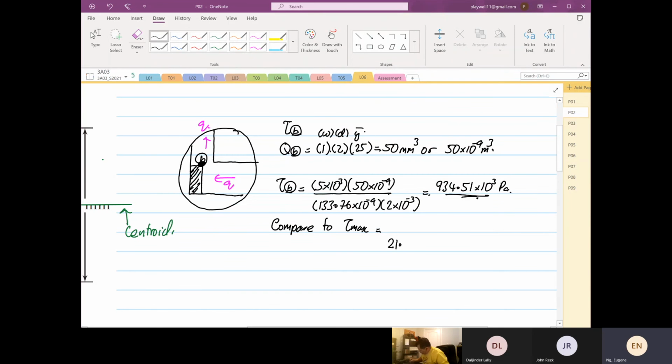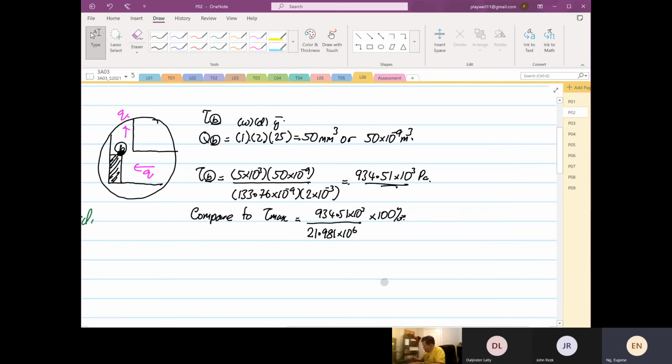So if we take 21.981 times 10 to the power 6, and this is 934.51 times 10 to the power 3, times by 100%. So 934.51 power 3 divided by 21.981 power 6 times 100. So this value is just 4.25%.